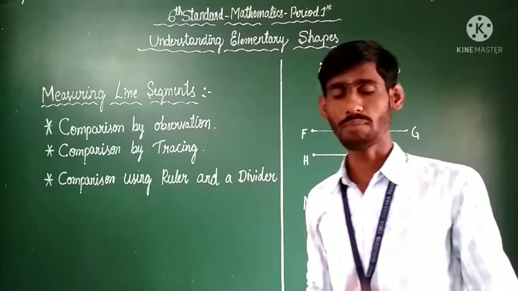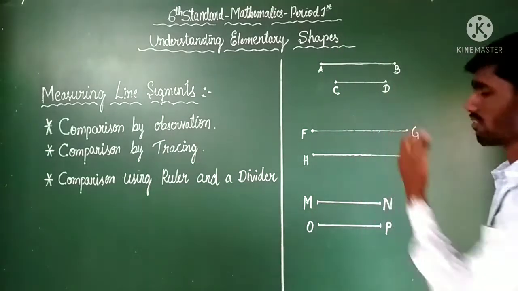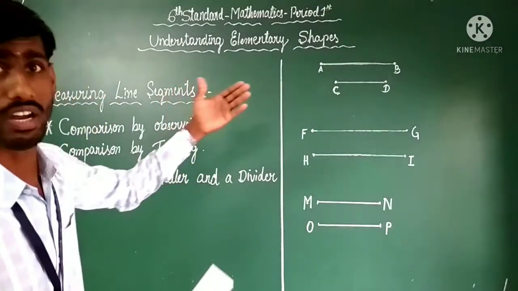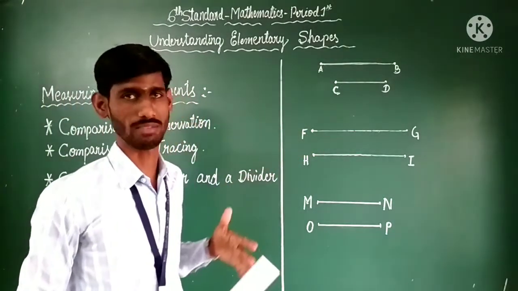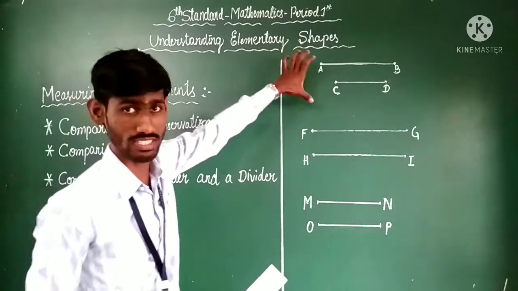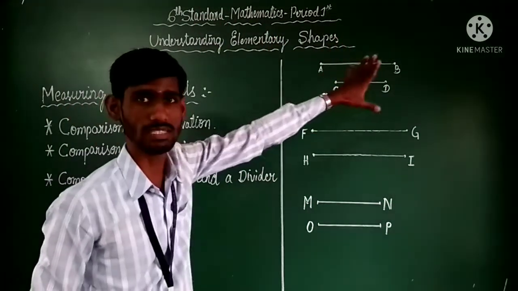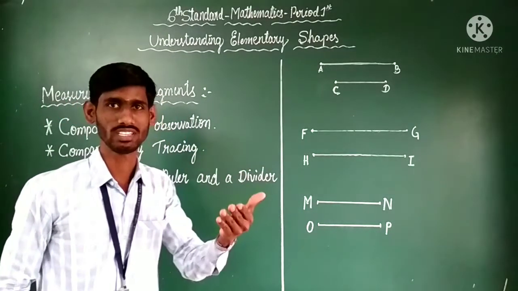Comparison by observation is nothing but we observe without any instruments. We need to find out which is the bigger line segment and which is the smaller. In the first set of line segments, AB is the bigger and CD is the smaller. This is comparison by observation.